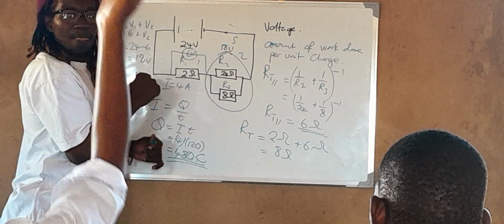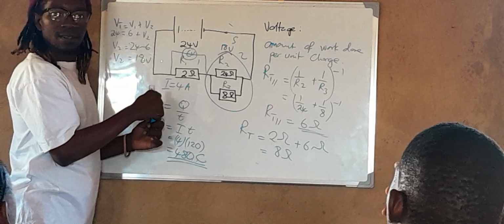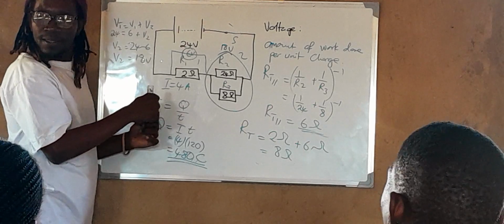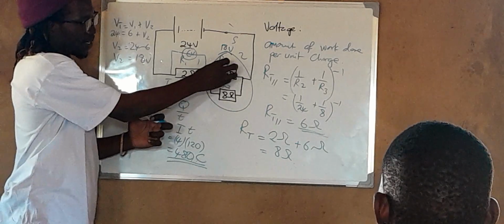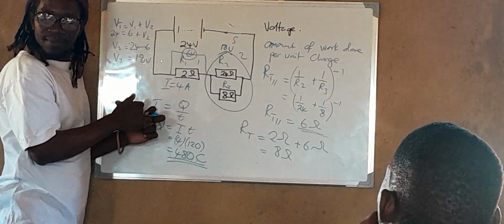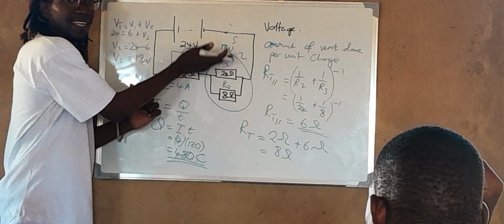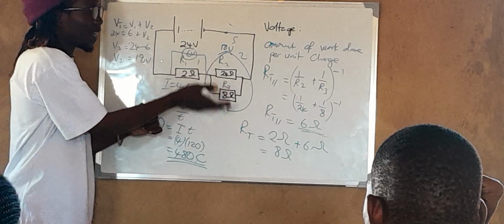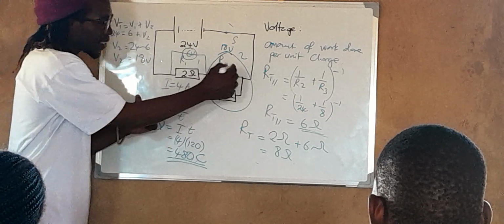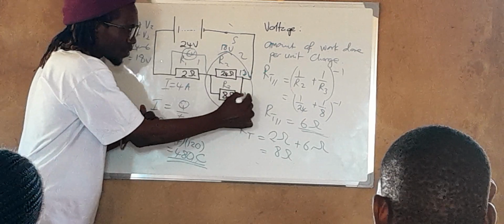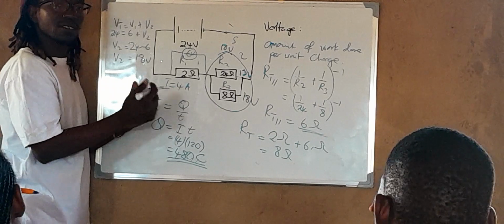What is the voltage here? Guys, you forgot that the voltage here is not the same. This is parallel, so it's 18. So here it is 18 volts. Here it is 18 volts. Then perfect. Can you see that?